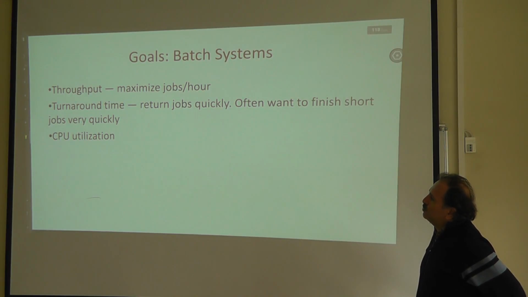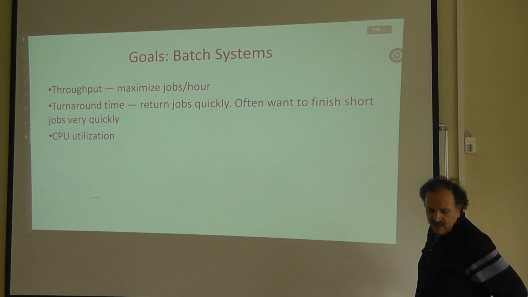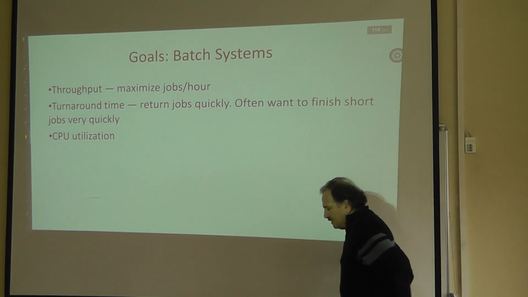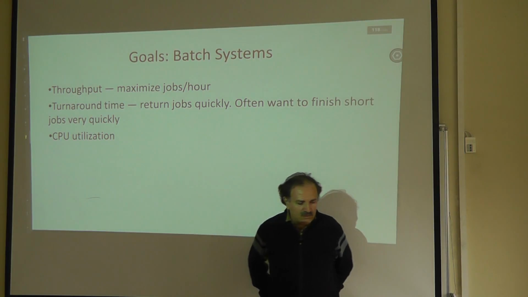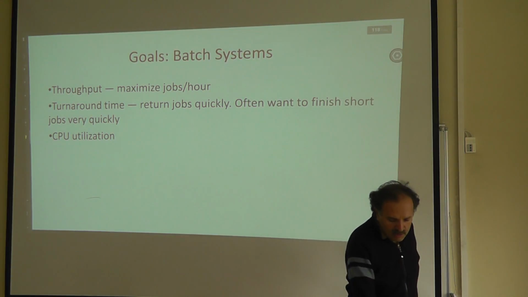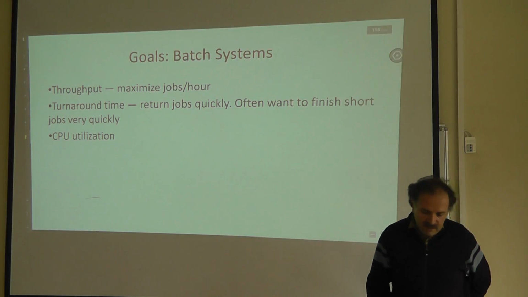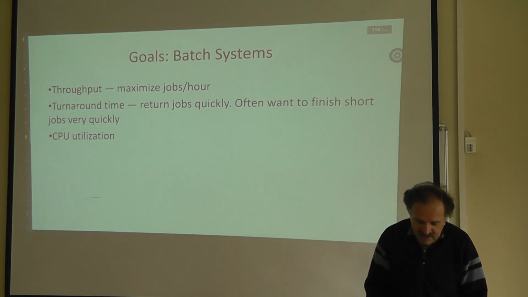Turnaround time is another goal for batch systems. Jobs should return quickly. Often we want to finish short jobs very quickly so that they don't have to wait for the long jobs to complete. And CPU utilization is another goal for the batch system.